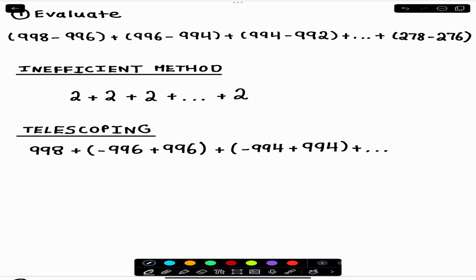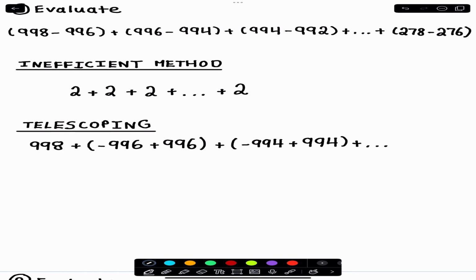So this sum is going to continue all the way until, so I can't squeeze it, so I'm just going to continue it over here. Let's put a little dot, dot, dot. So there was a negative 278 term paired up with a positive 278. And then our final term is negative 276 because there is no positive 276 term to pair up with it.